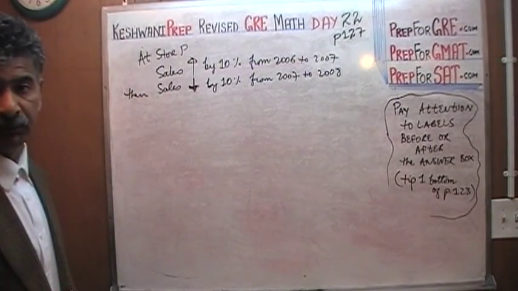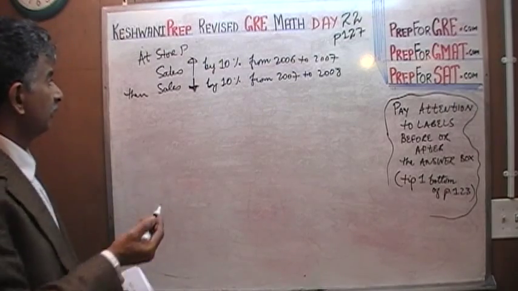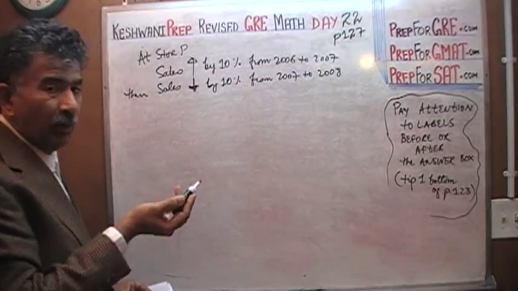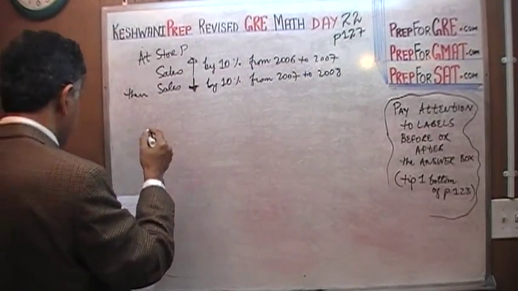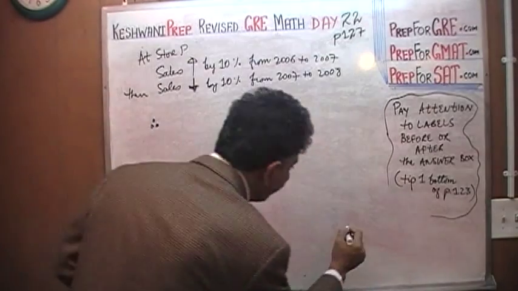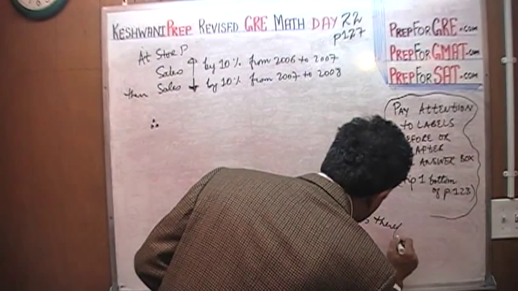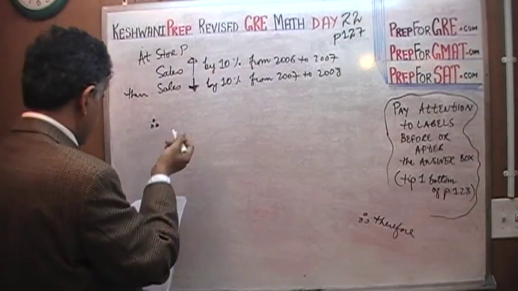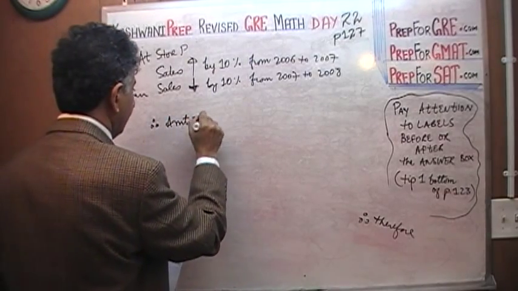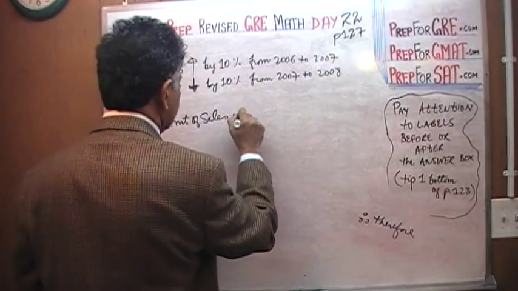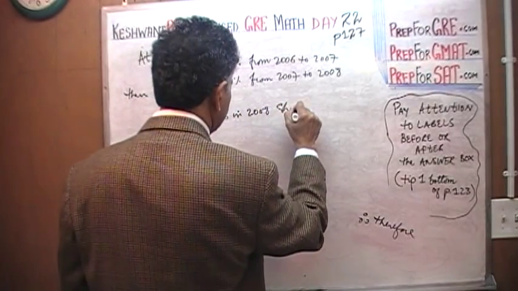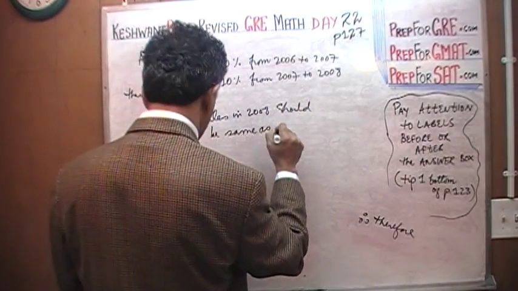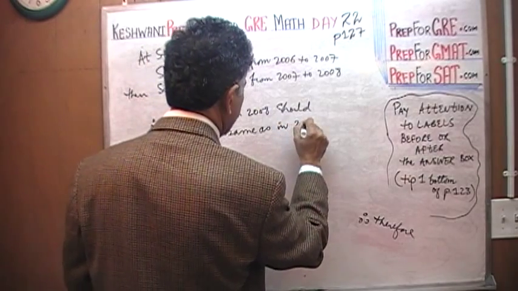Well, it seems pretty simple, pretty straightforward to me. Because if the sales went up by 10% from 2006 to 2007, and then they went down from 2007 to 2008, then it makes sense to me that the amount of sales in 2008 should be the same as in 2006.